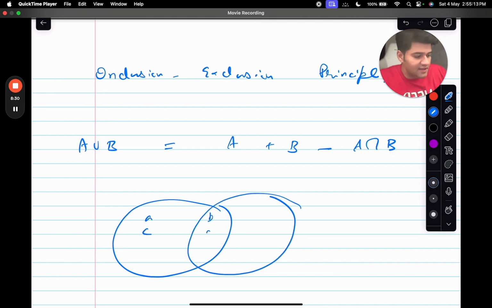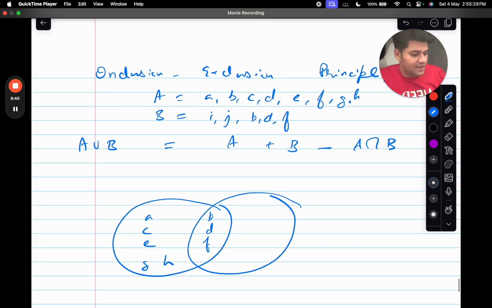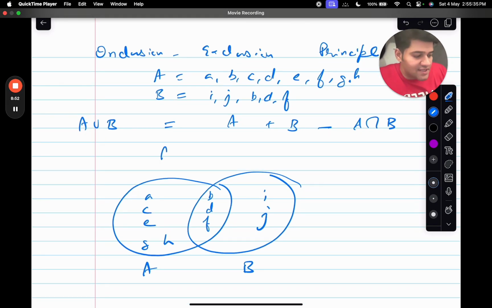A has A, B, C, D, E, F, G and H, 8 people. And B has 5 people, I, J, B, D, F. The intersection is the common part, which is B, D, F.